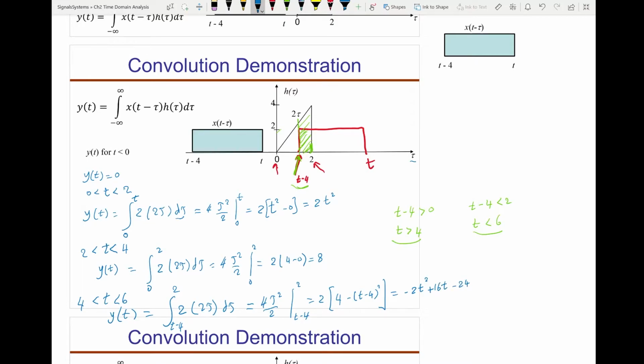Okay, now the question is, what happens if t minus 4 is larger than 2? That means t is larger than 6. If t minus 4 is larger than 2, then the input will be somewhere like here. Now there is no overlap anymore.